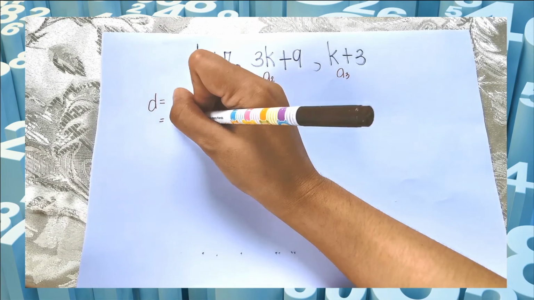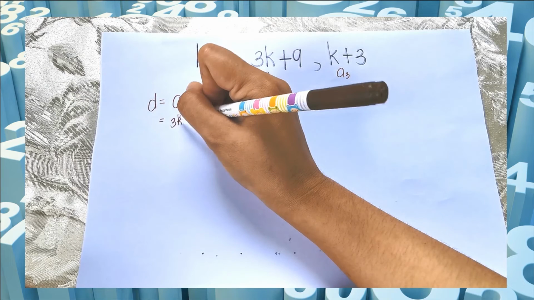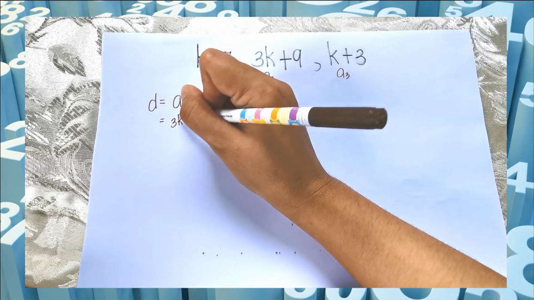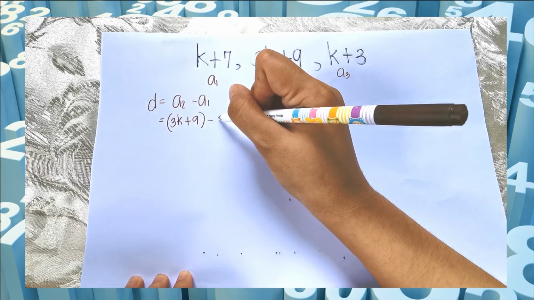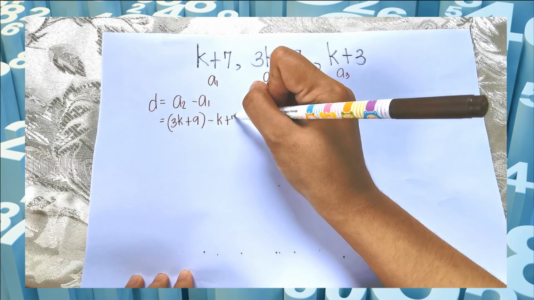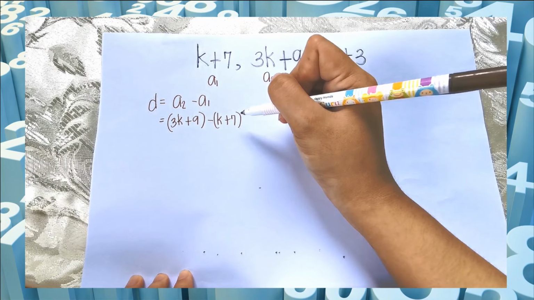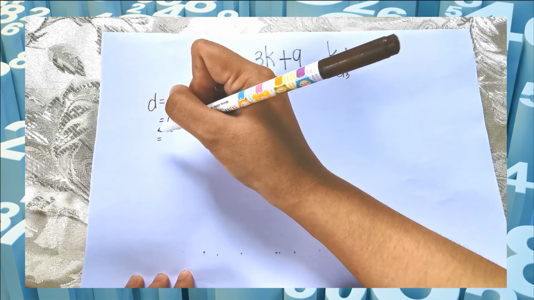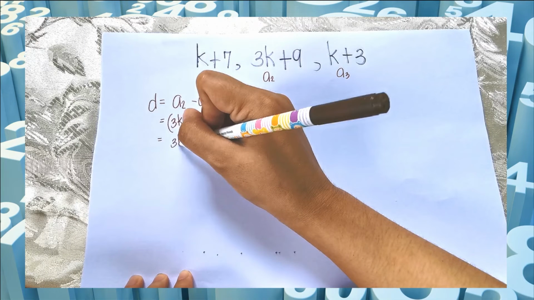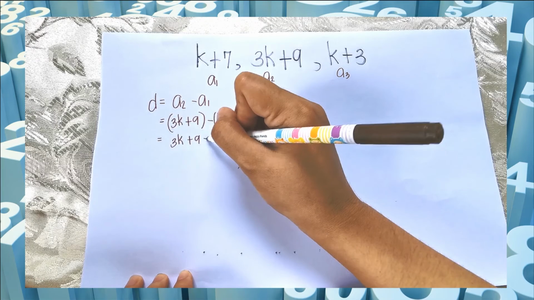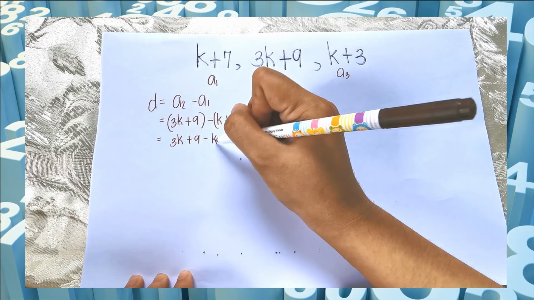Subtracting a sub 2 and a sub 1, we have 3k plus 9 minus k plus 7. Then, 3k plus 9 minus k minus 7.